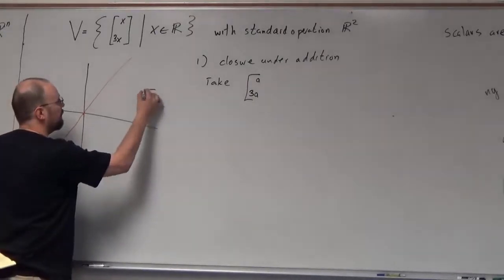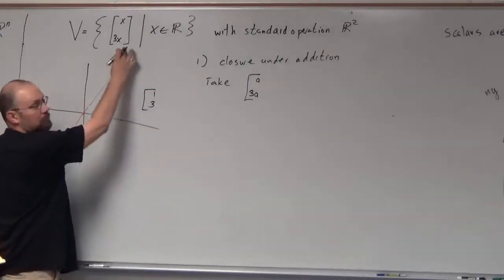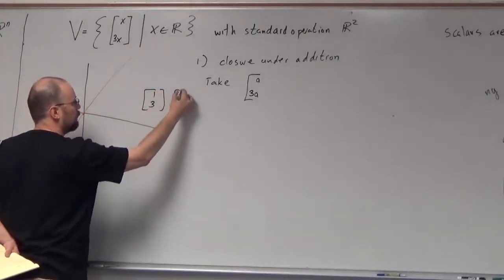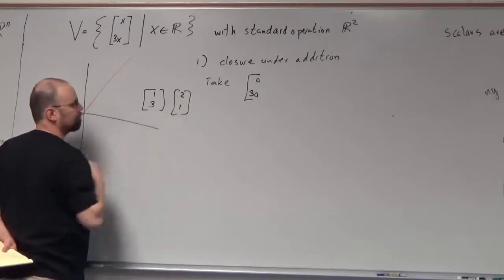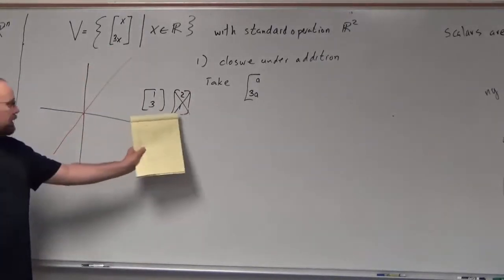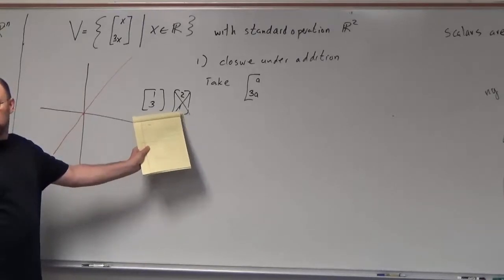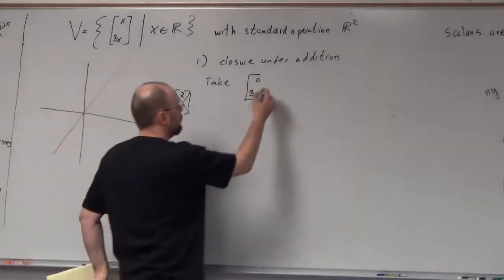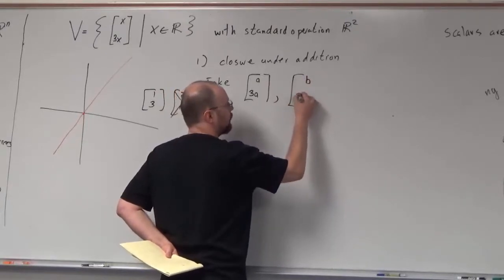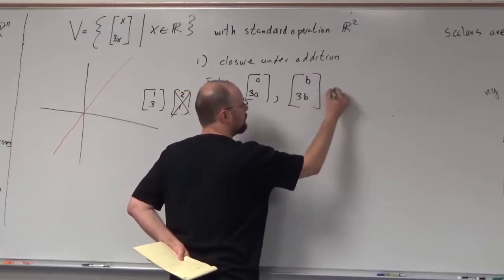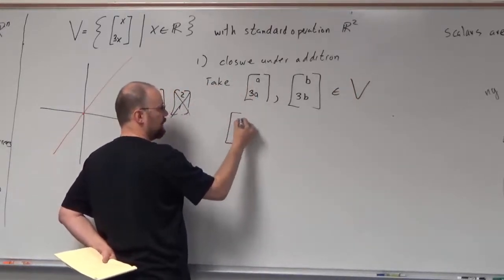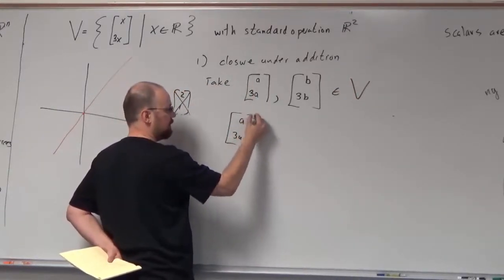So for example, the vector 1, 3 has to be in the set. It satisfies that structure. But the vector 2, 1 is not, because it doesn't satisfy it. This would have to be a 6. So you're going to take two elements in the set, and then you're going to add them to see whether you get something that's in the set.